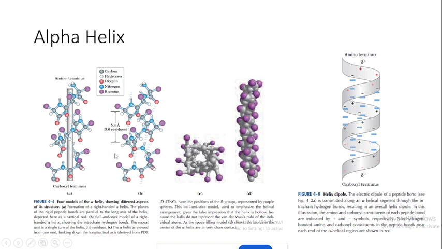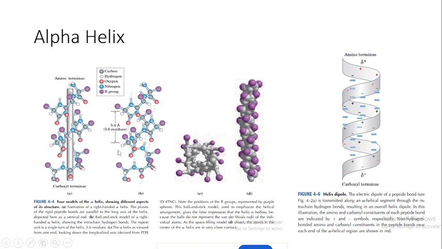In each loop there will be 3.6 amino acid residues, and the helical rise per loop is known as the helical pitch.